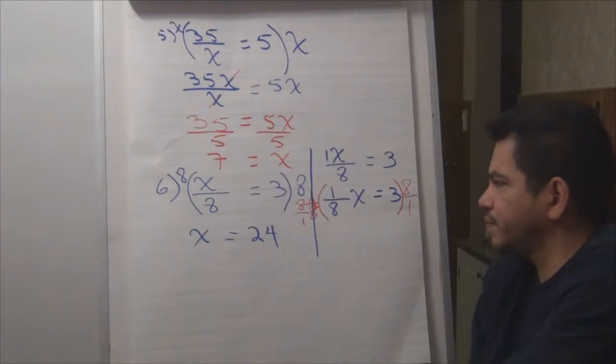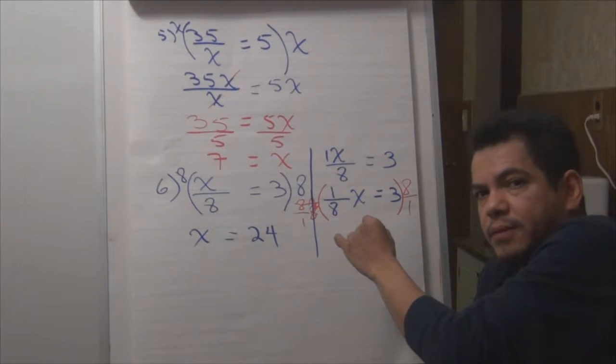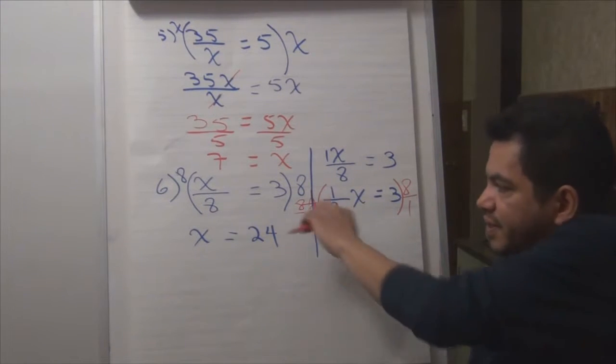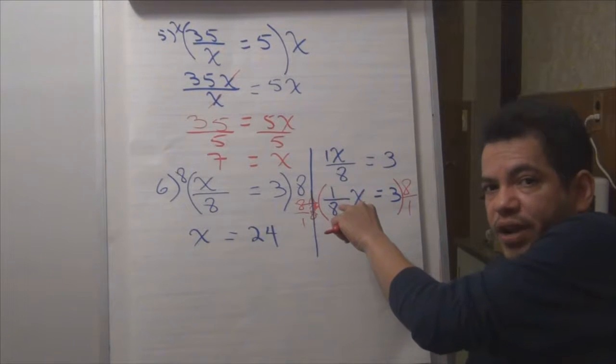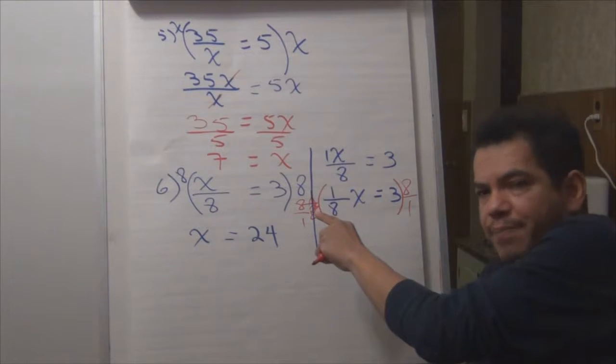What is that going to do? If you multiply by 8 over 1, this is what's going to happen. This is the reciprocal of 1 over 8. You know that. 1 over 8, 8 over 1. Now watch what happens.